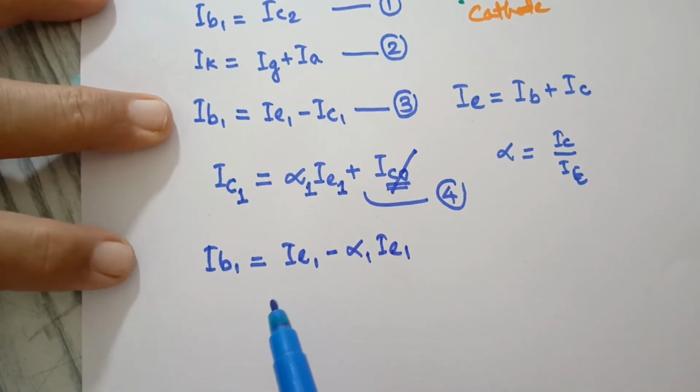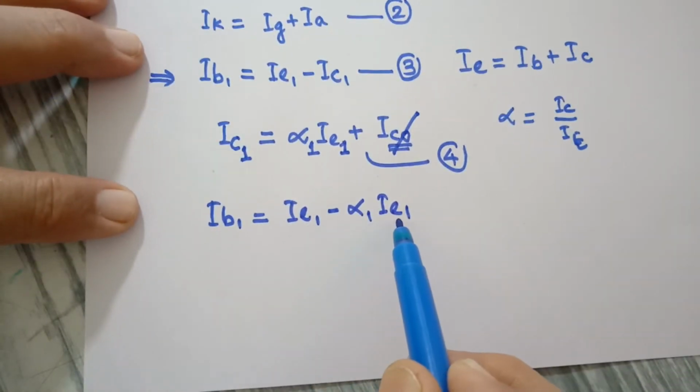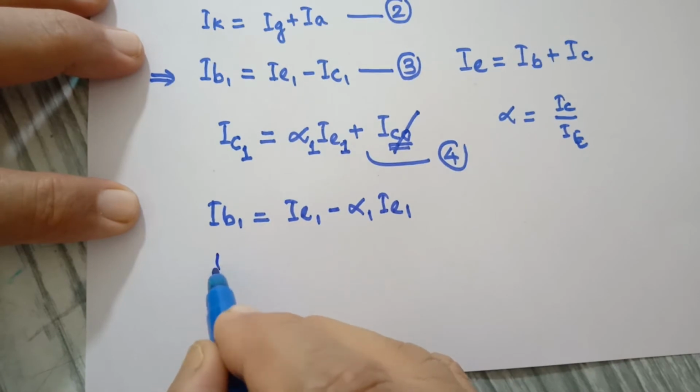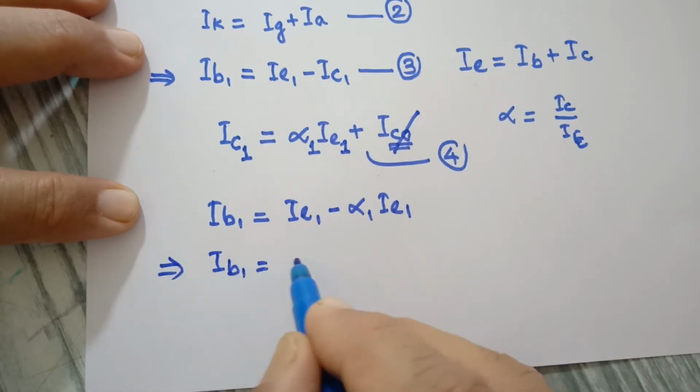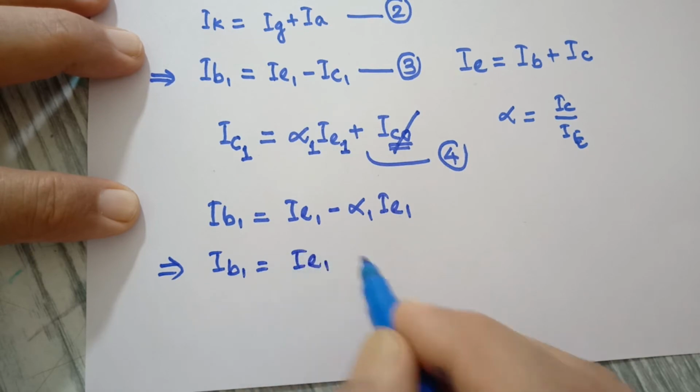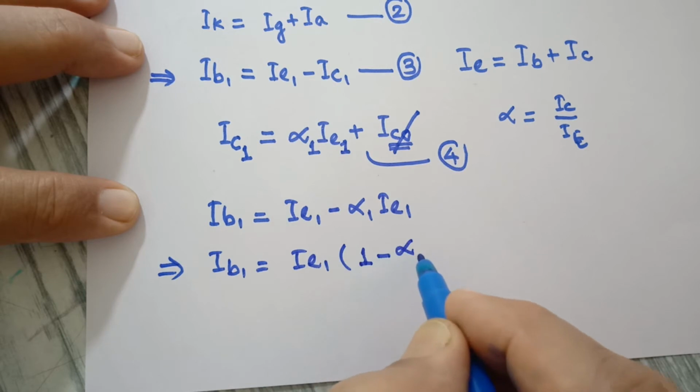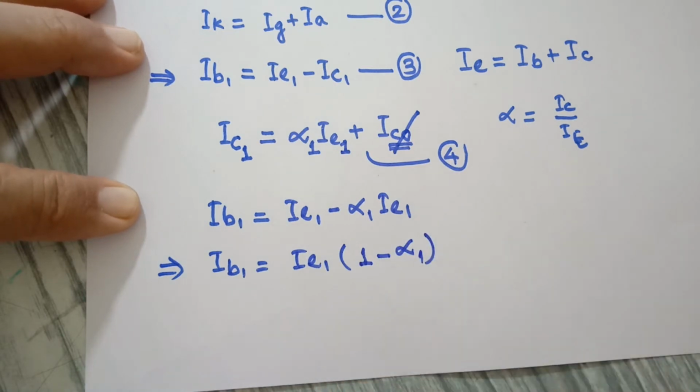So from this expression you can take out IE1 common. In this way IB1 can be expressed as IE1 into bracket 1 minus alpha 1, right?